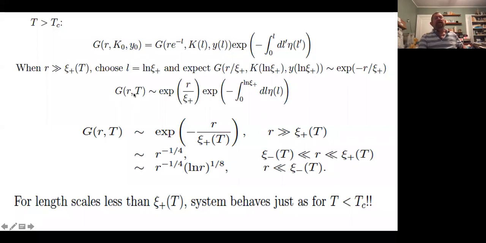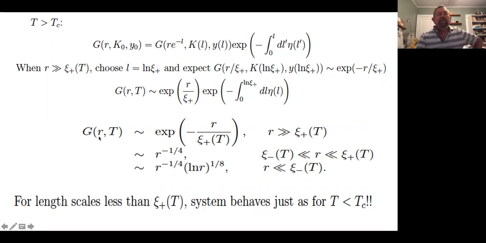So we expect that the correlation function behaves like e to the minus, I beg your pardon, there should be a minus sign there, R over ξ+, times another correction factor, which is unimportant.